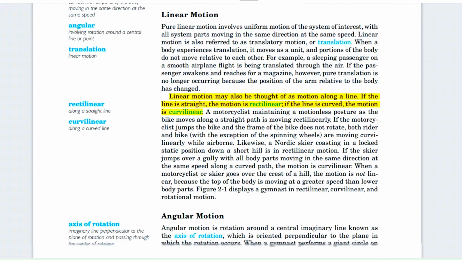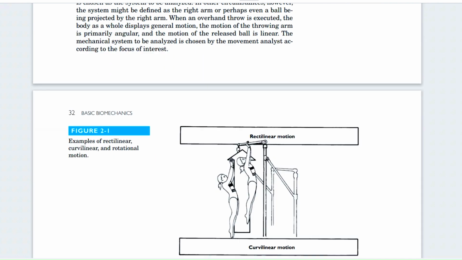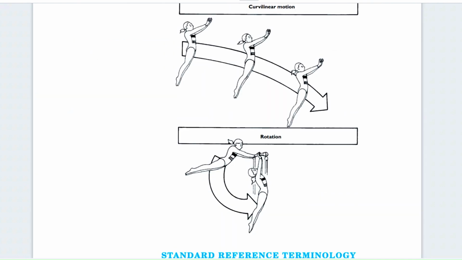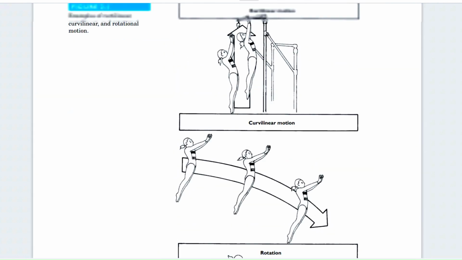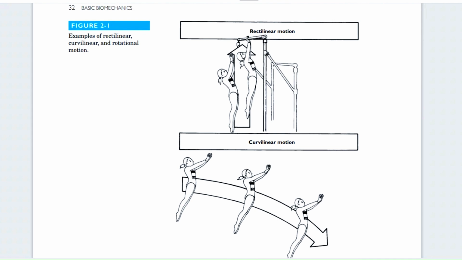Okay, this is a picture present in your book, figure 2.1, that shows the rectilinear and curvilinear motion very well. What is rectilinear, as you have seen here, is basically the normal motion of the body.